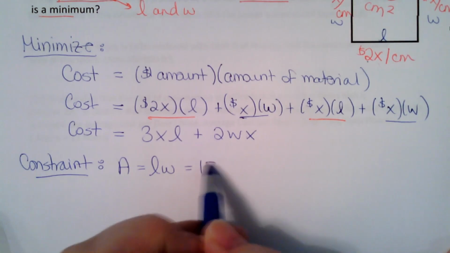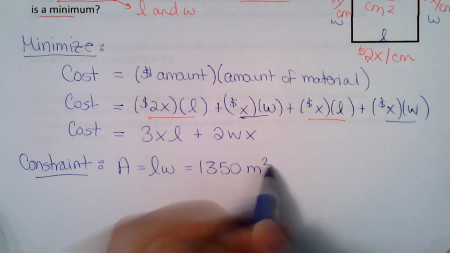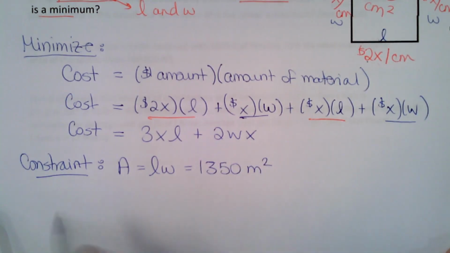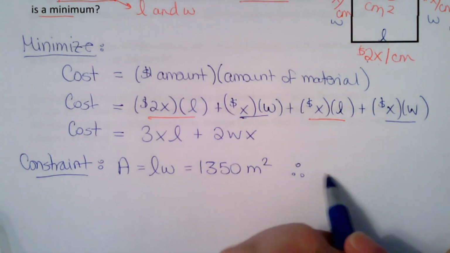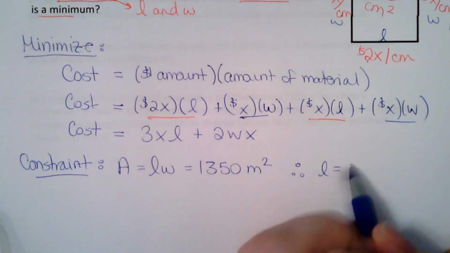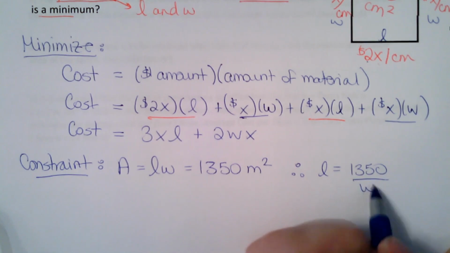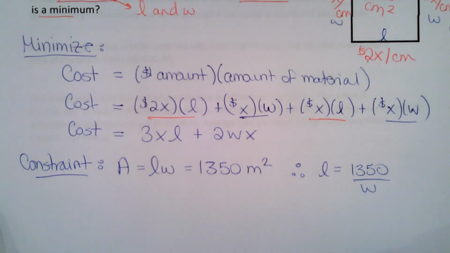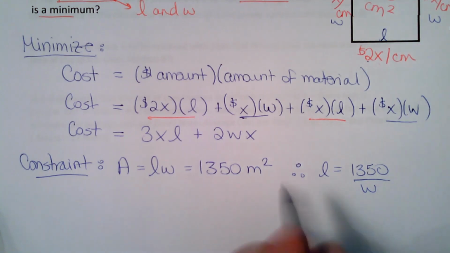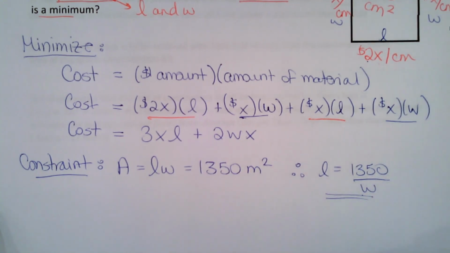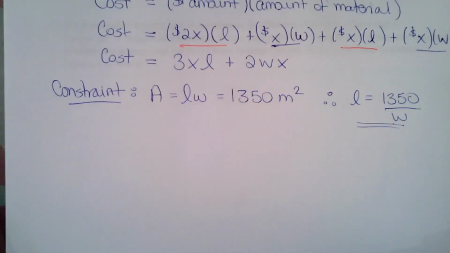I have to keep the area of the rectangle inside at 1350, which means I know length is equal to 1350 over W. That's the relationship that has to be maintained here in order to ensure the area will always be 1350. So in order for me to make sure I always have an area equal to 1350, this must be true at all times. Okay? So since that must be true, I can sub that into my equation.